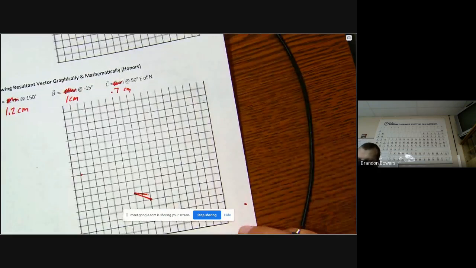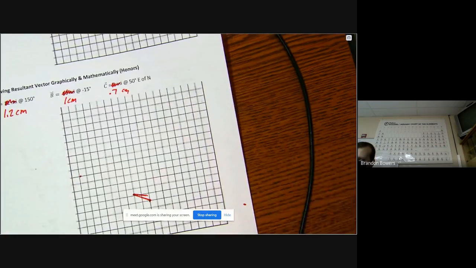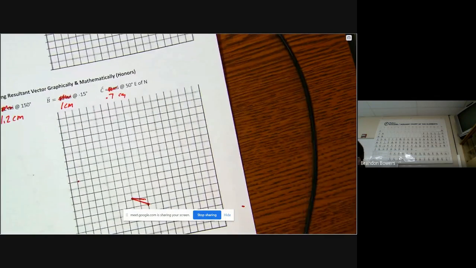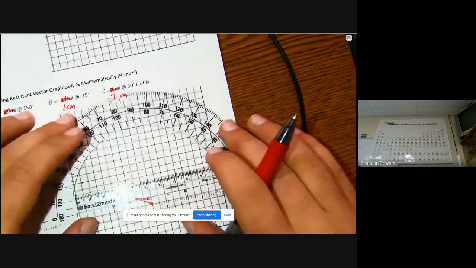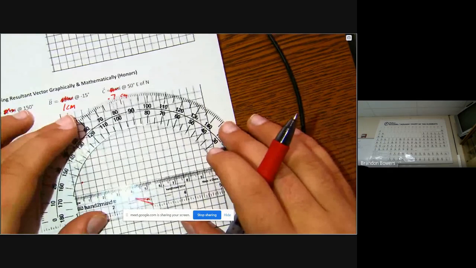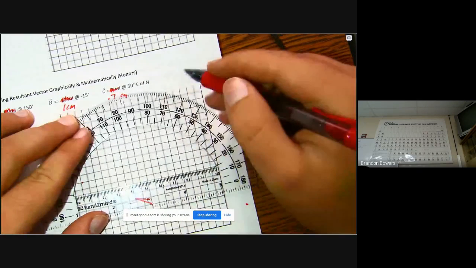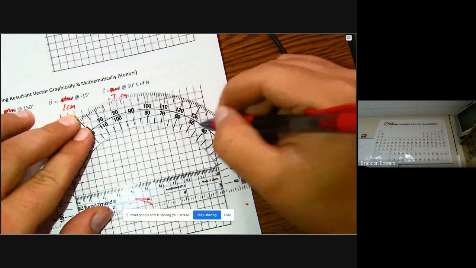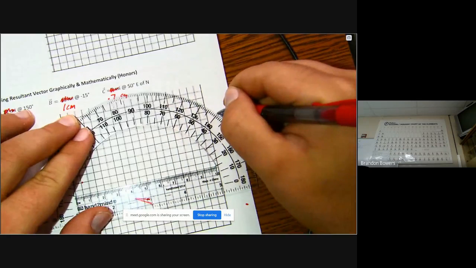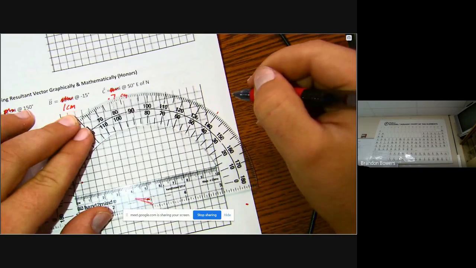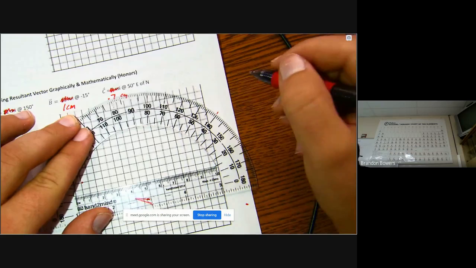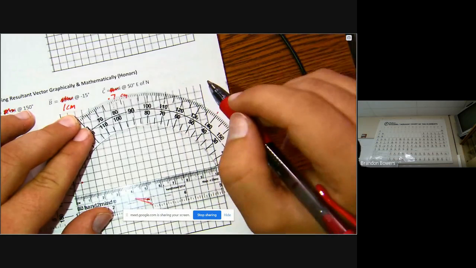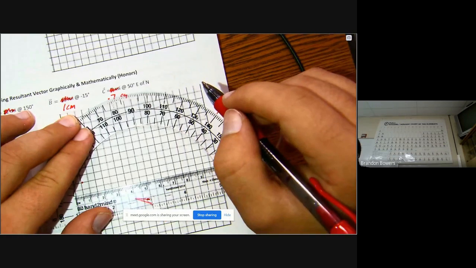All right, 50 degrees east of north. So actually, I'm at the 40 degree mark, right? If we're just talking about degree, I'm at 40. 50 degrees east of north. Does that kind of make sense?